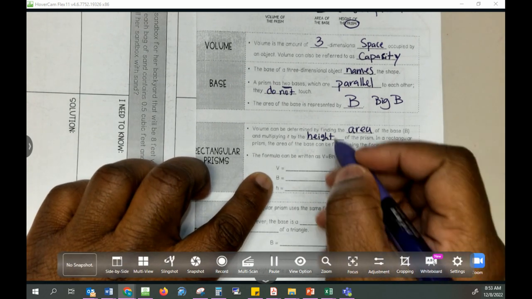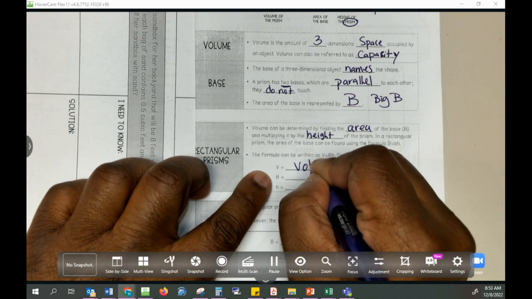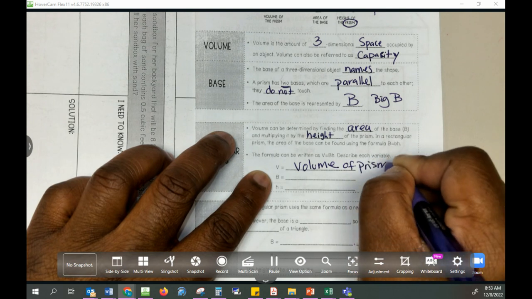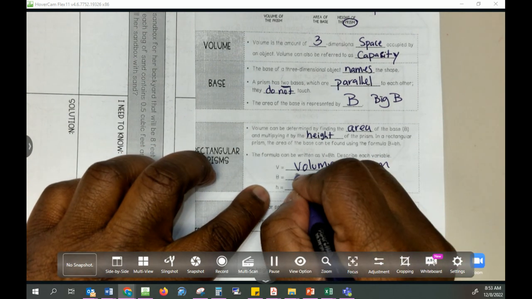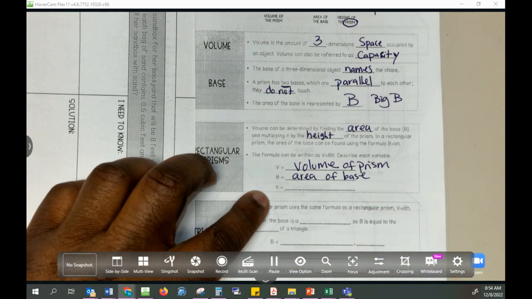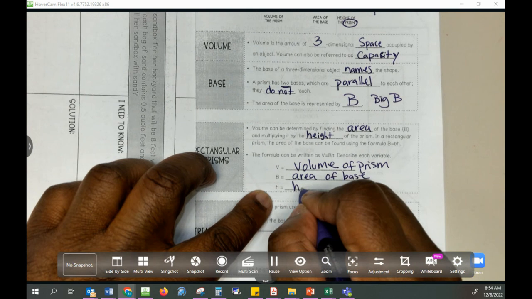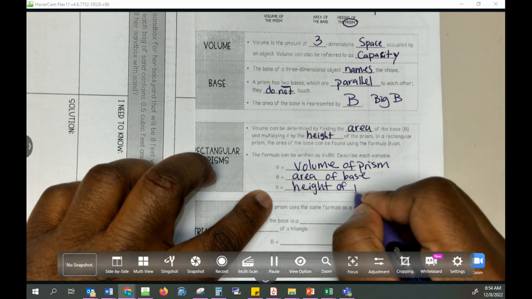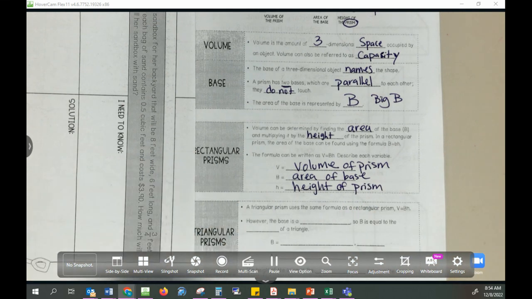So again, V is the volume of the prism, big B is the area of the base, and h is the height of the prism. And that's important to know because we don't want the misconception of thinking the height of the base is the height that's referred to when you say volume is big B times height.